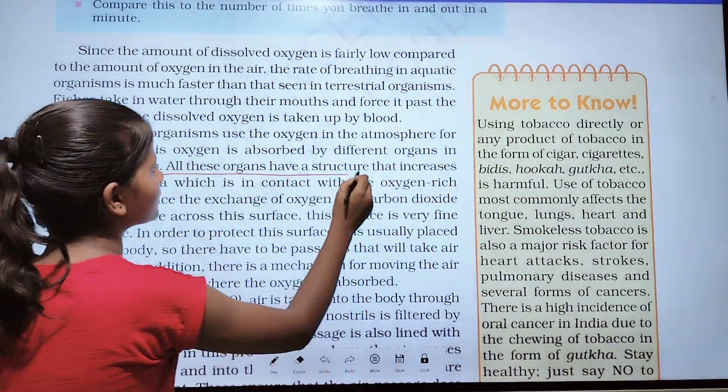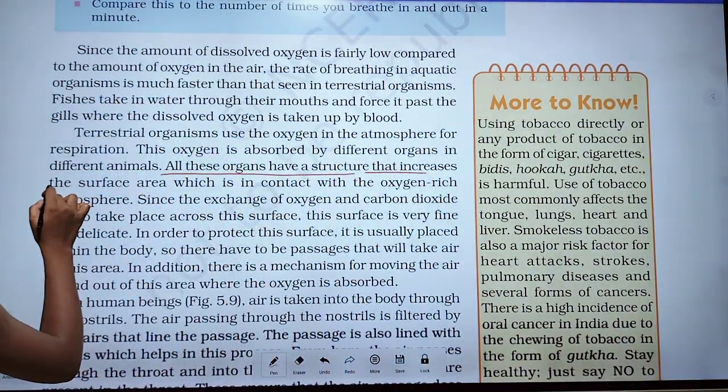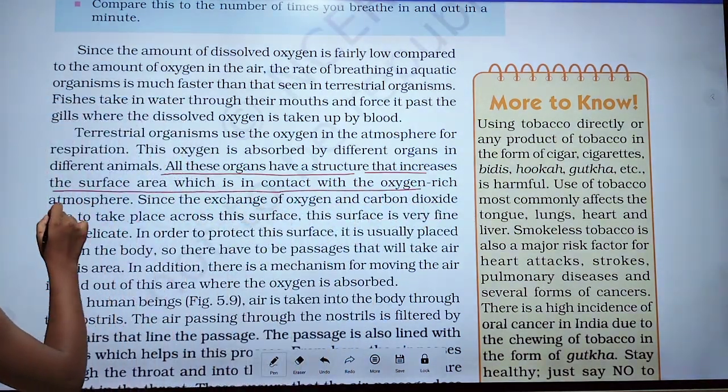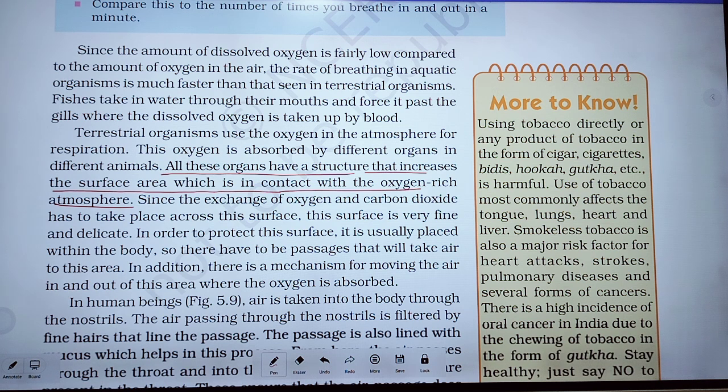All these organs have a structure that increases the surface area which is in contact with the oxygen-rich atmosphere.